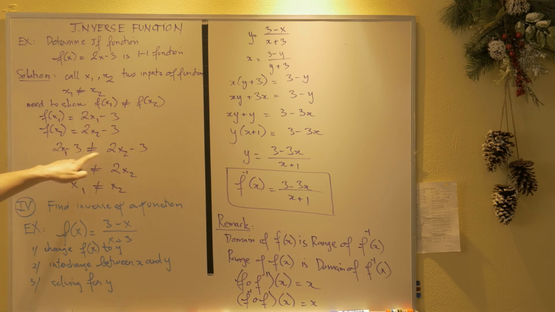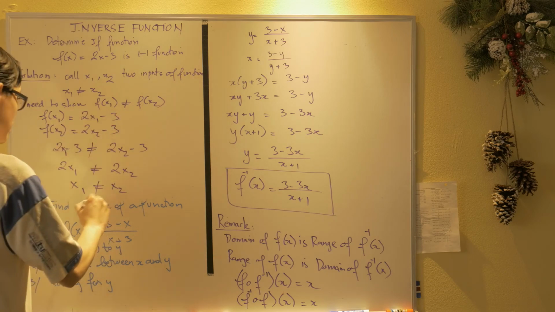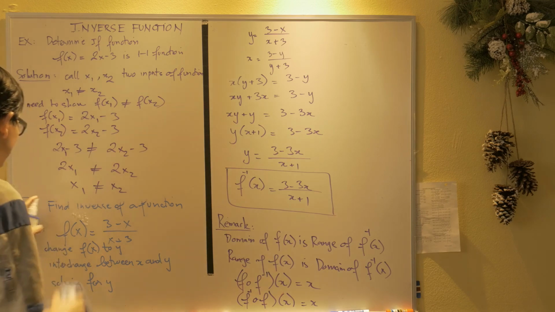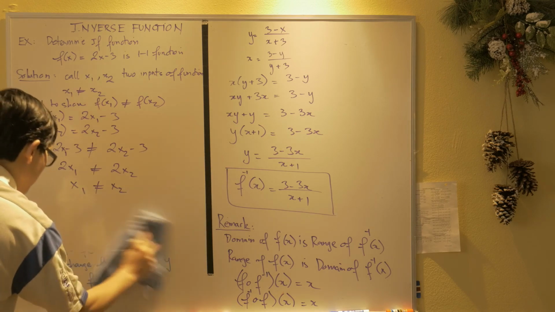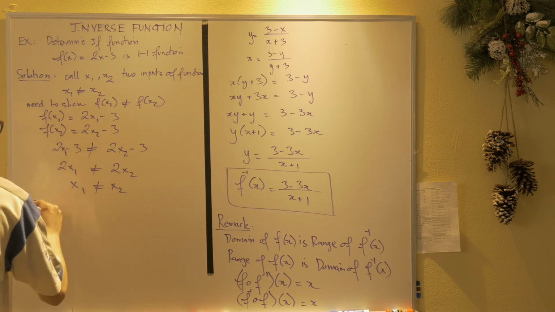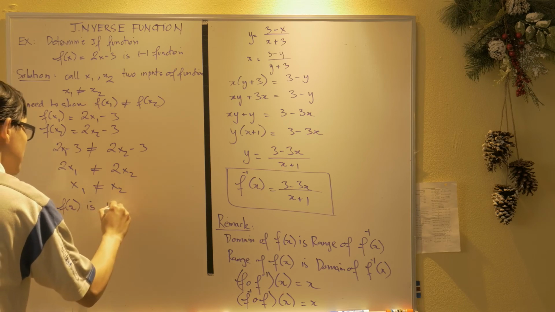That's why when we subtract 3 from both sides, they are different from each other. So you successfully showed that when x1 is different from x2, f(x1) is different from f(x2). So we can jump to the final conclusion: f(x) is a one-to-one function.